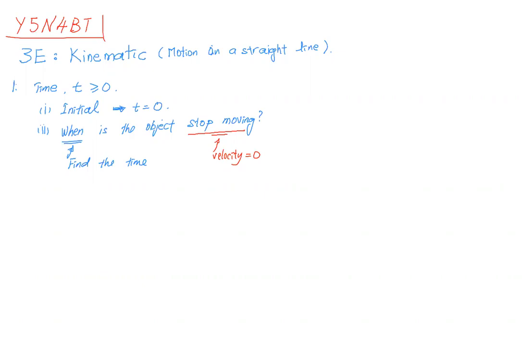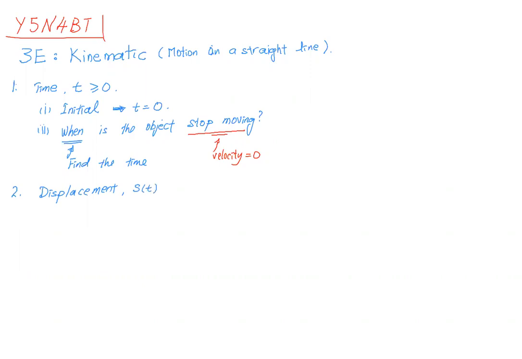Second important term is called displacement. What do you mean by displacement? Displacement, we use the symbol S, and it's always put in terms of t.